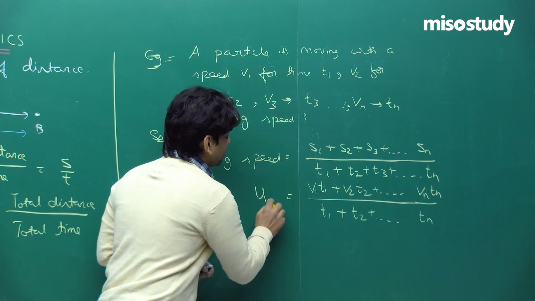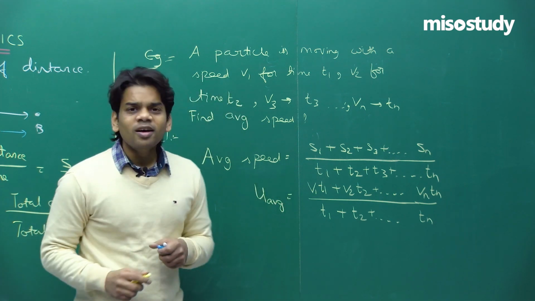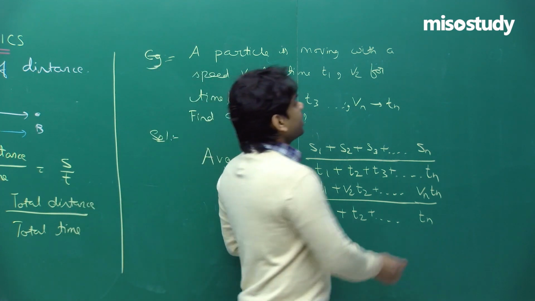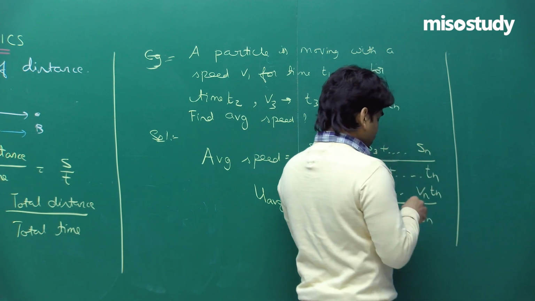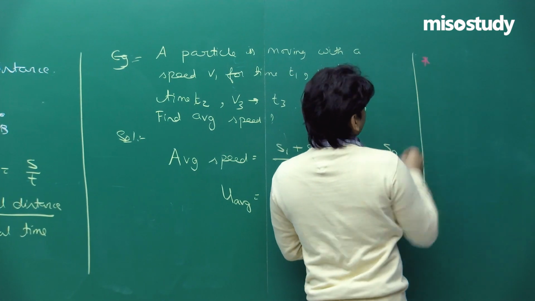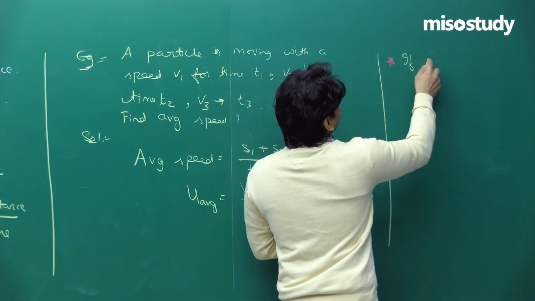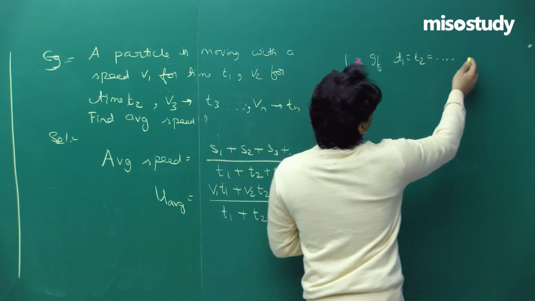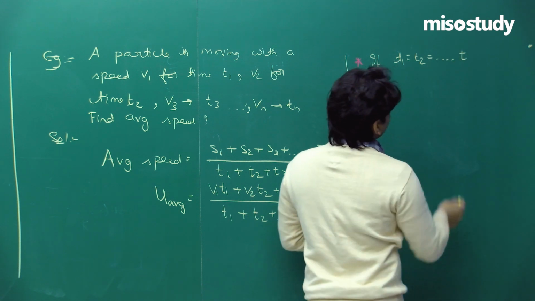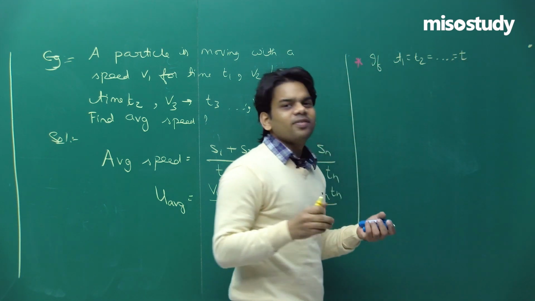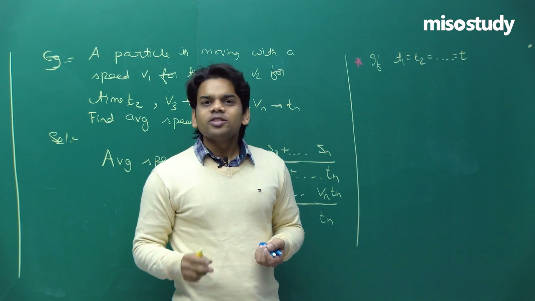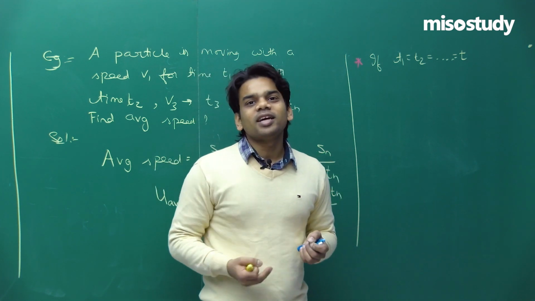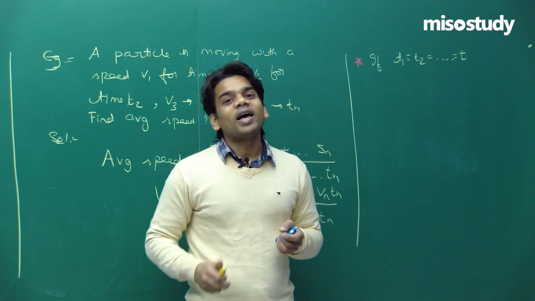Let's say this is average speed, v average. Now one more key point: let's say t1 is equal to t2 is equal to some time t. So we can replace t1, t2, t3 up till tn with a uniform value, that is t.